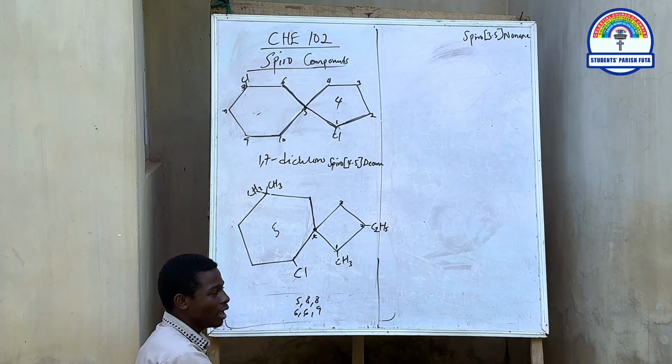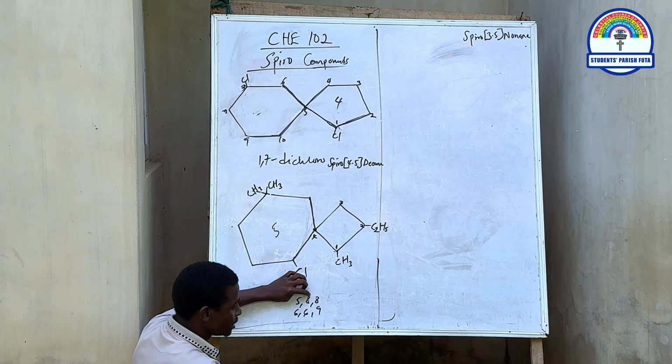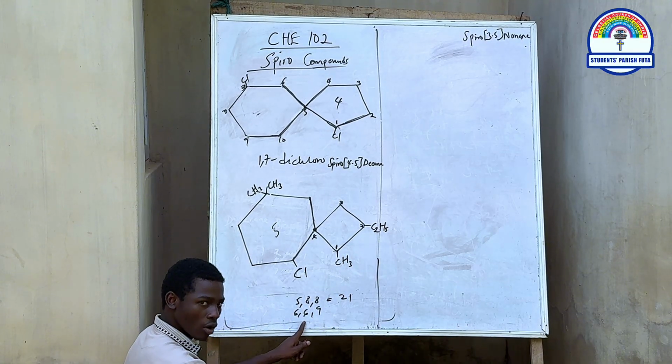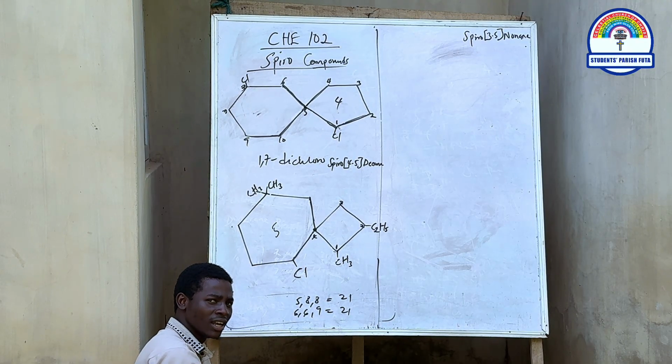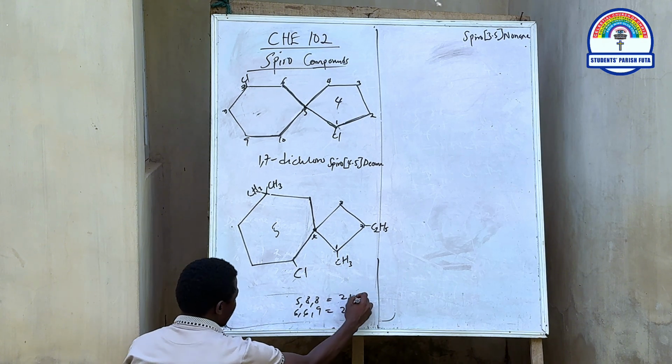Now let's see which one has the lowest summation at the end of the sum. 5 plus 8, that is 13. 13 plus 8, 21. 6 plus 6, 12. 12 plus 9, 21. So 21, 21. Which are we going with? Okay, pick. Of course, we are going with this.